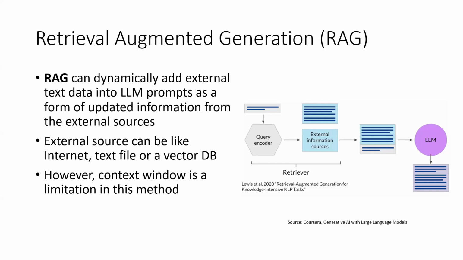When the user is asking a question, the question is converted into a vector format and it is searched in the external information source. Most probably it is a vector database, where the query is converted into a vector, and this query vector is searched in the database.